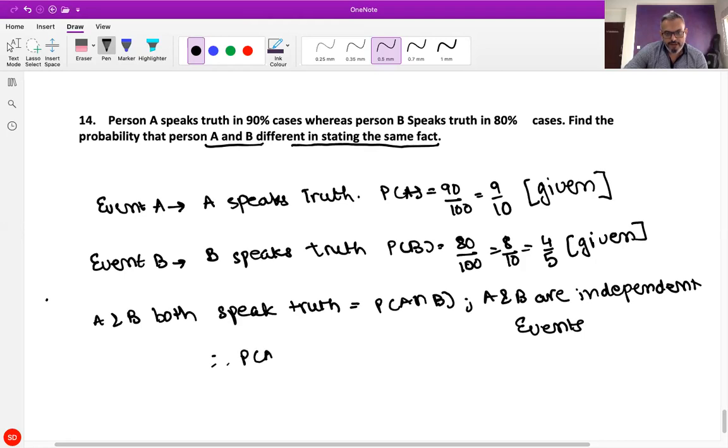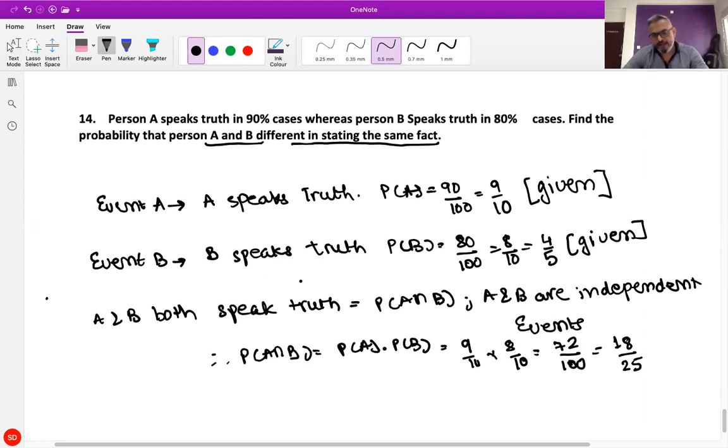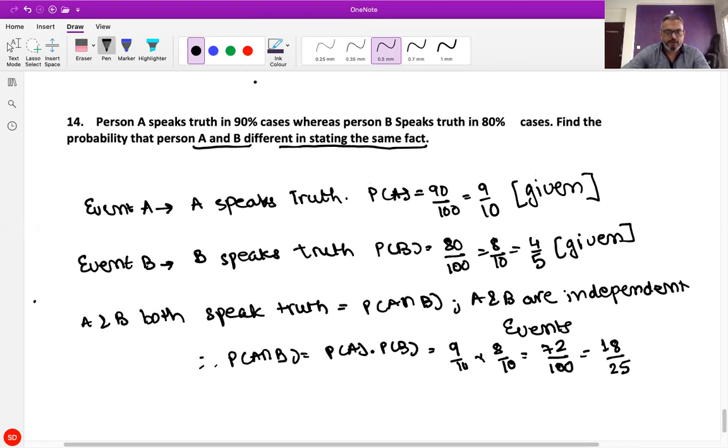Therefore, P of A intersection B is equal to P of A into P of B, which is equal to 9 by 10 into 8 by 10. 8 nines are 72 by 100, which is equal to 18 by 25.